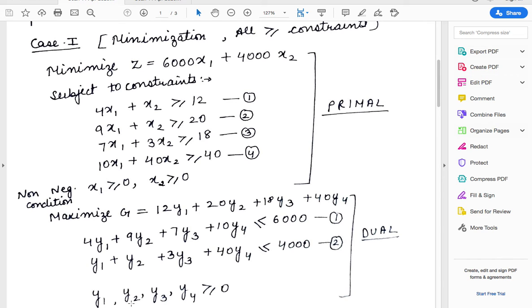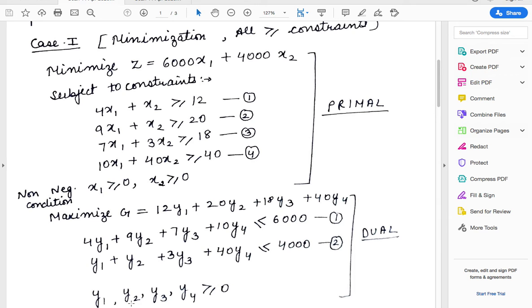Let's check how I have written these numbers. In the objective function of the primal it is written 6000x1 plus 4000x2. These two numbers, 6000 and 4000, I have used on the right-hand side of the constraints of the dual. And how will I write the constraints?